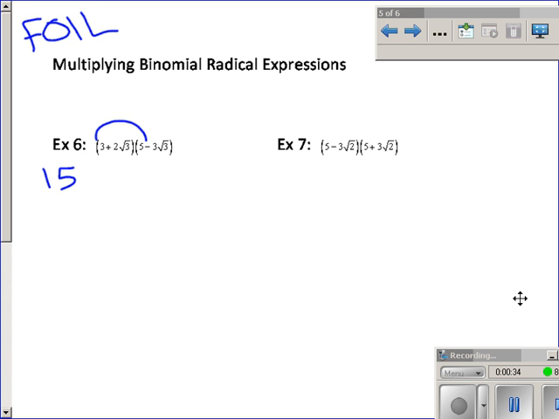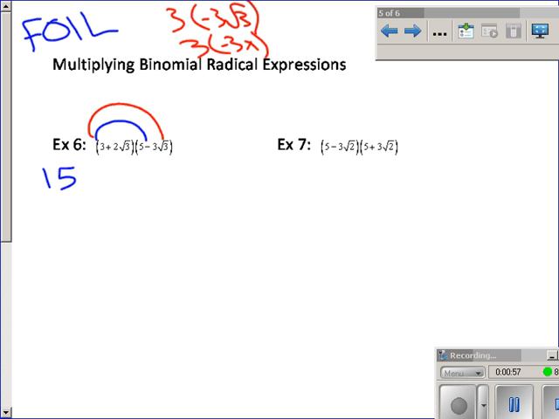Then according to FOIL, we're going to multiply the outside parts, in this case 3 times negative 3 root 3. Sometimes it helps to think of it as if I were multiplying 3 times negative 3x.